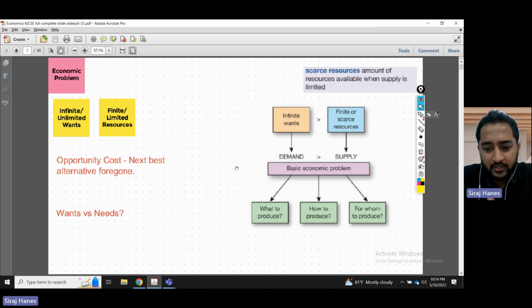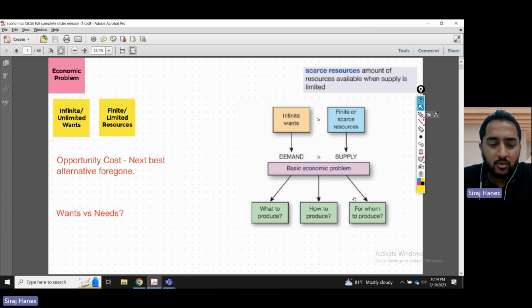But taking a broad spectrum, if you're trying to understand this, we look at the basic economic problem. How do we solve this? You can look at the three all-important questions: what to produce, how to produce, and for whom to produce. What to produce? Obviously, because people are after money, we produce the thing that gives us the most profit, the thing everyone wants.